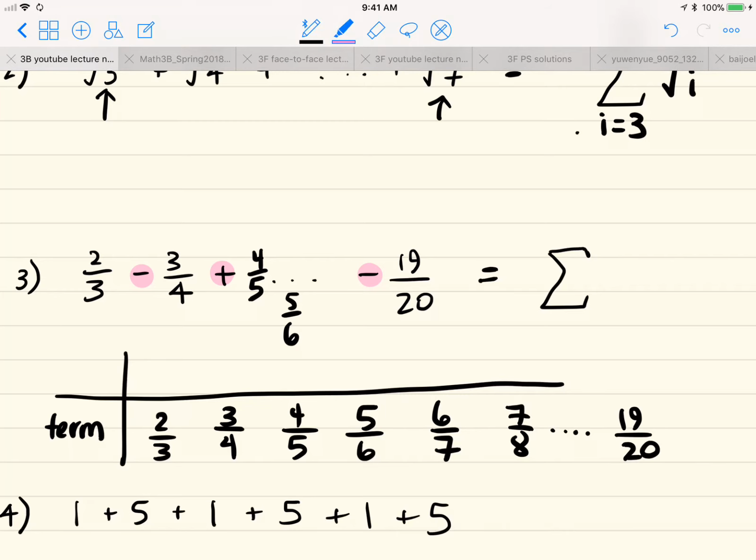If I look just at the numerators, they're increasing by 1. So I could start off by saying it looks like I'm adding up something where i starts at 2 and stops at 19.